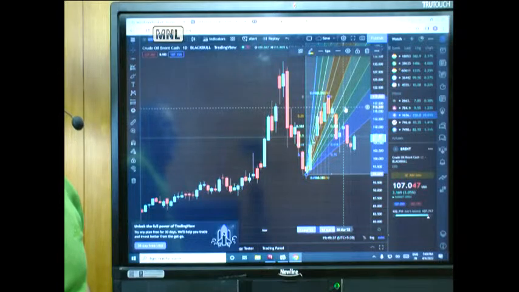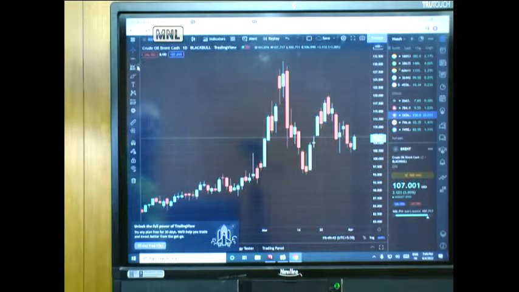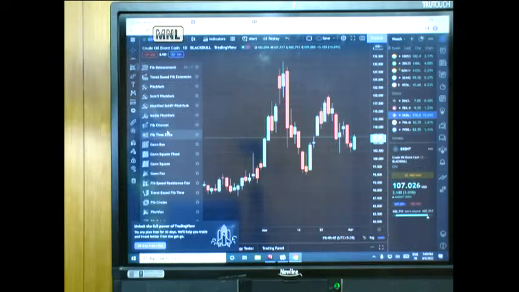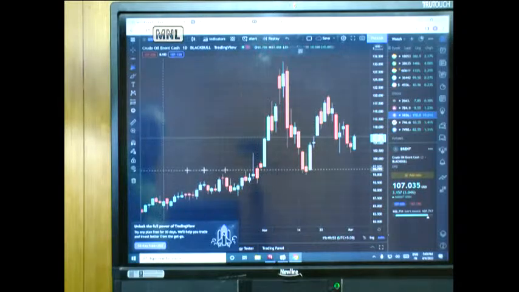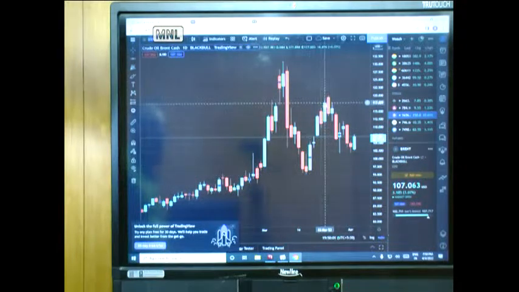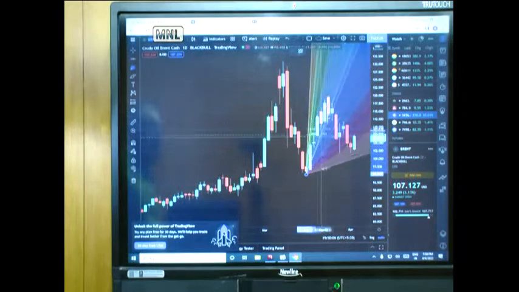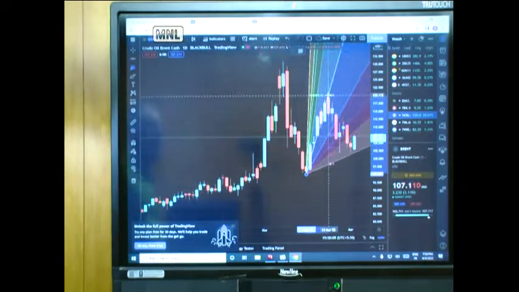Considering the volatility, there are occasional blips below the Fibonacci fan support. But if we look at the Gann fan, which is another important tool, you can see this level.